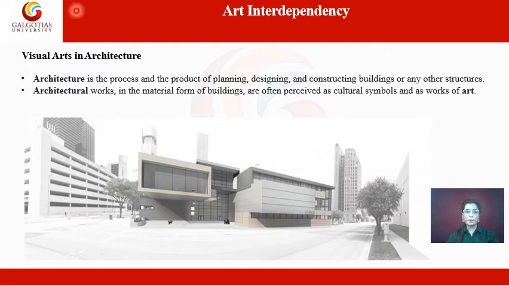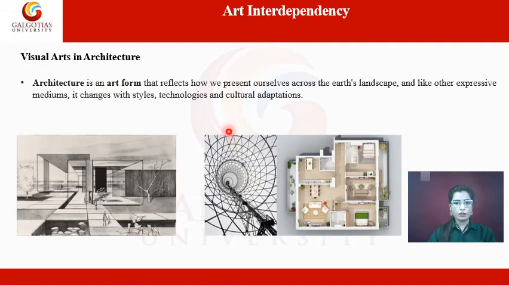Another example of the visual art in architecture: architecture is an art form that reflects how we represent ourselves across the earth landscape, and like other expressive mediums, it can change with style, technology, and cultural adaptations.